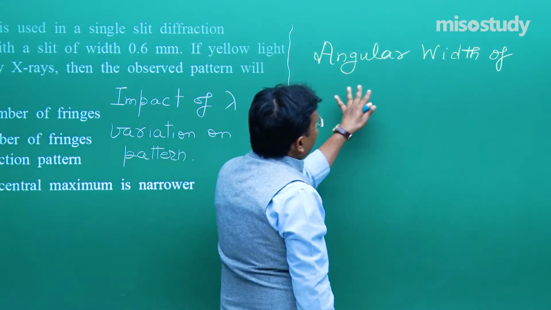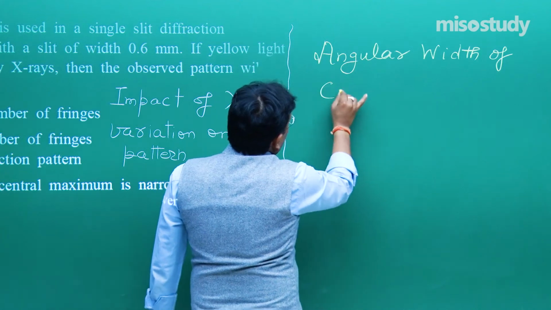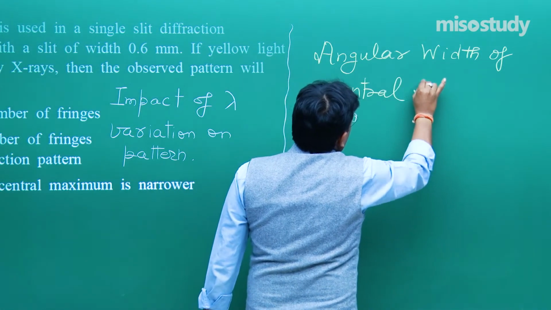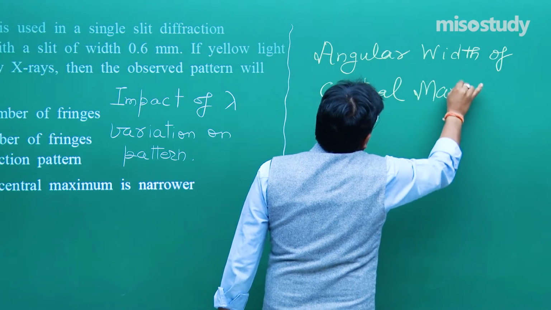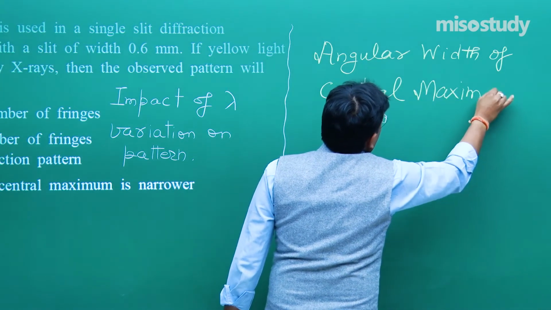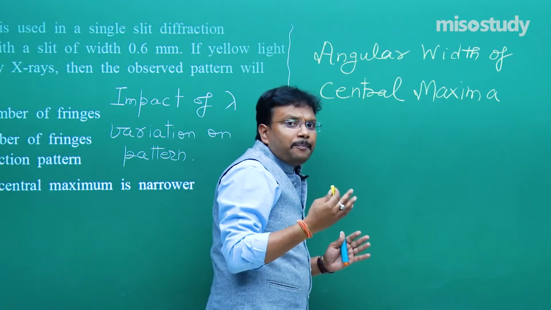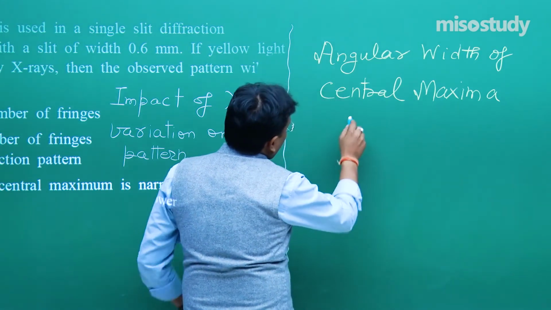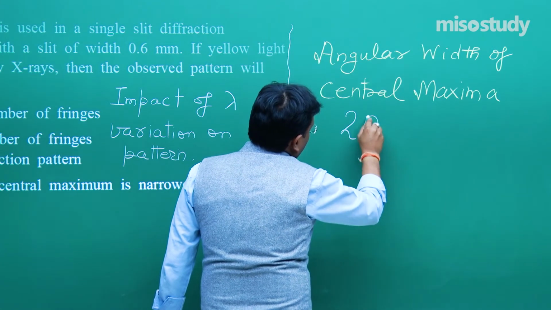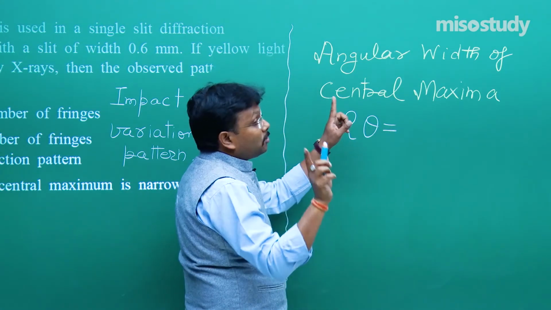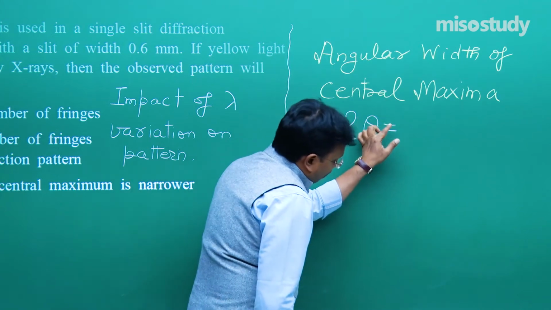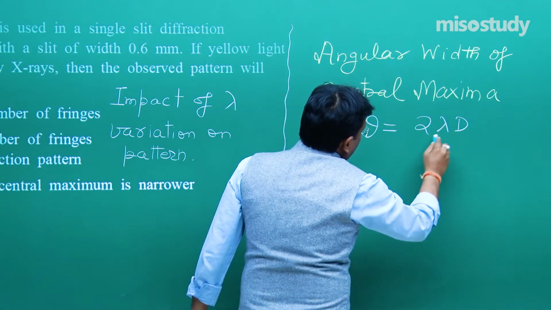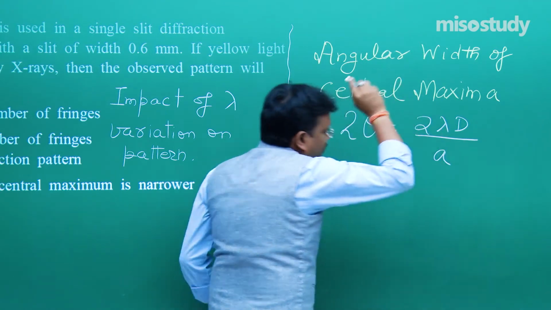If we can find the angular width of central maxima, then we can easily predict the change in the pattern. Fine. So it is going to be 2 theta is equal to, that is the angular width of central maxima, 2 lambda D by a.